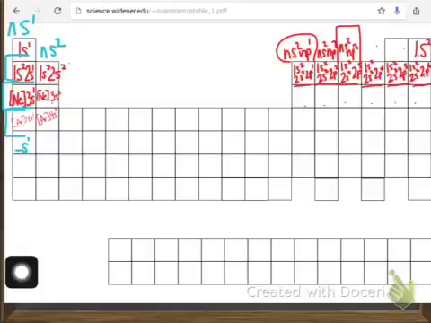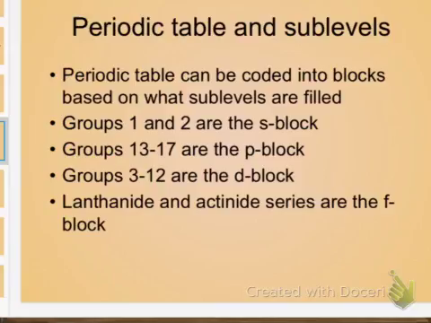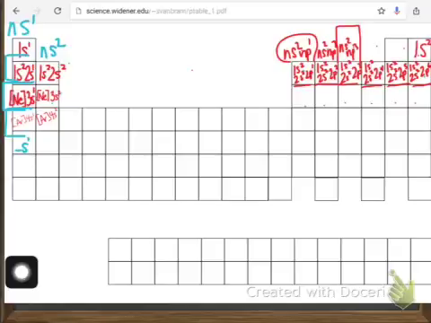Okay, now, what you've just seen is the basis for how we're going to use colored pencils. The periodic table can be coded into blocks. And what we refer to as the blocks are all based on what sublevels are being filled. So there's an S block. You want to guess which groups comprise the S block? Group 1 and Group 2.